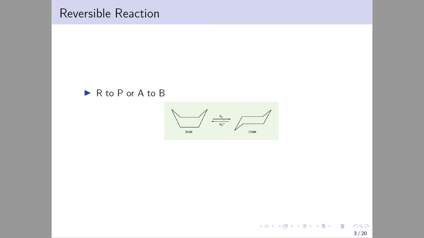If Ka is greater than Kb, we are going to have a lot more chair. But if Kb is greater than Ka, we are going to have a lot more boat than chair. These are reversible reactions.